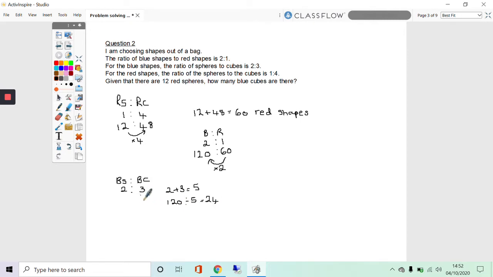My blue cubes are 3 parts of my ratio, so my blue cubes will be 3 times my 1 part of the ratio, which is 24. So altogether there will be 72 blue cubes.